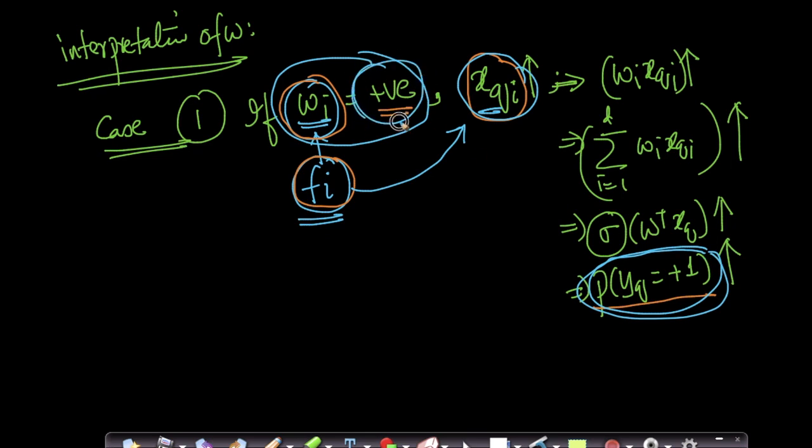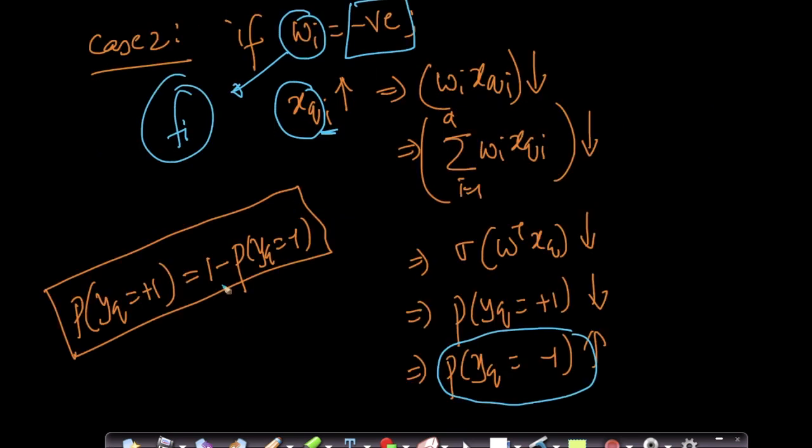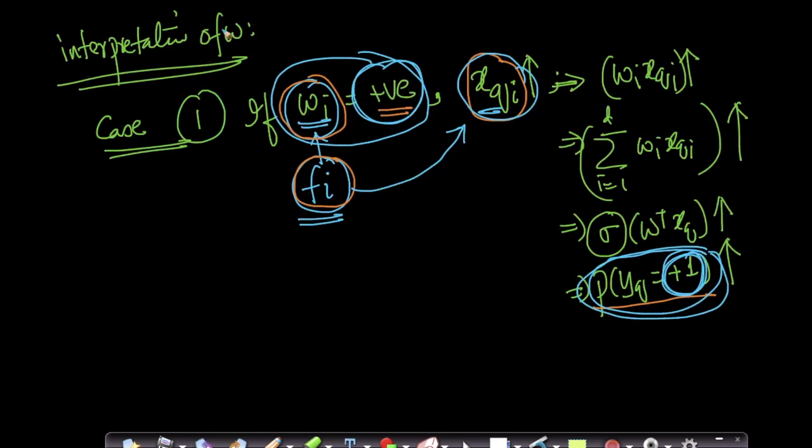Remember, this is positive and this is positive here. Similarly, here it is negative, here it is negative. So if your weight is negative, as the ith feature for a given query point increases, the probability of its class label being negative also increases. This is a very, very important interpretation of the weight vector W.